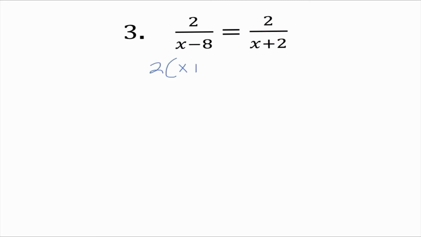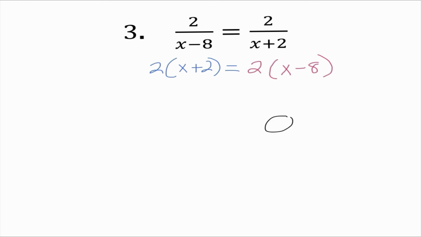So 2 times x plus 2. The other side is going to be the numerator of the other fraction times the other denominator, or 2 times x minus 8. Notice at this point, this is the same exact equation that we solved previously, just proving that it doesn't matter which method we tend to use.